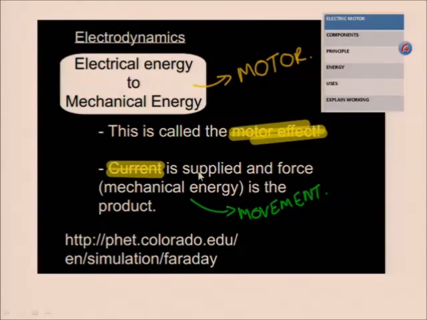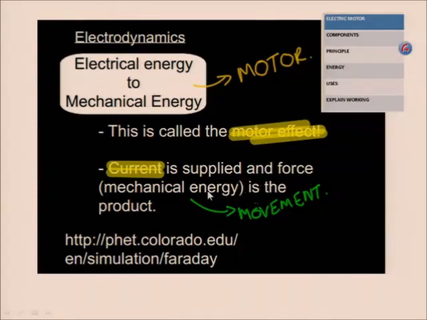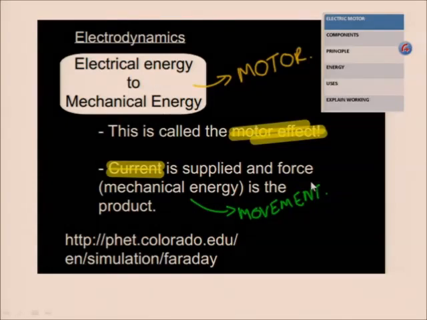That current is in a magnetic field, and a force is the product. And that mechanical energy, where the electrical energy is converted to mechanical energy, that is seen in the movement. It is turning. All right. So this in short shows me the principle and the energy conversion in an electrical motor.